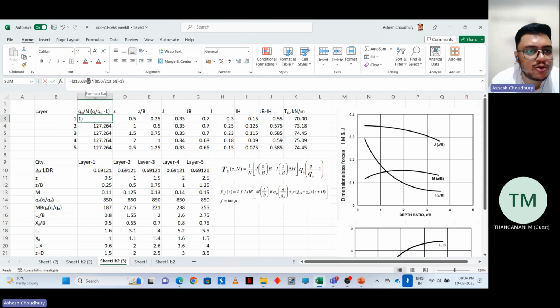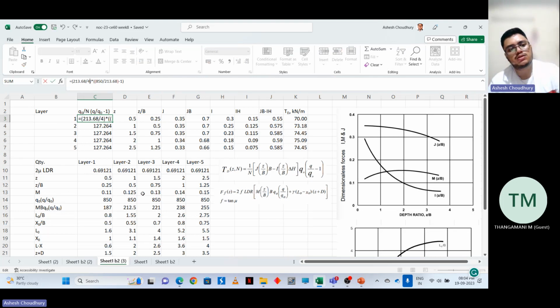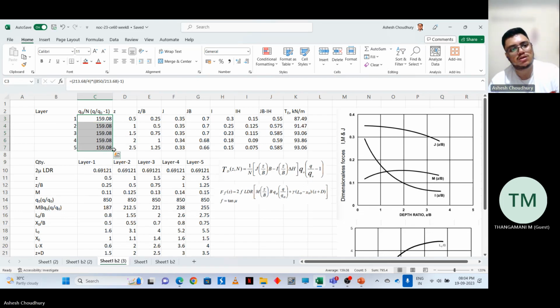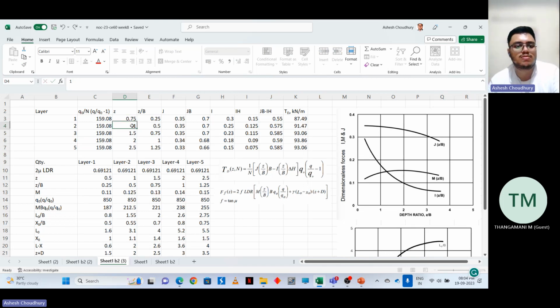Say we want to provide 4 layers. Okay. So we want to provide 4 layers. Z, let Z be 0.75 now. Spacing we're increasing a bit. Okay.